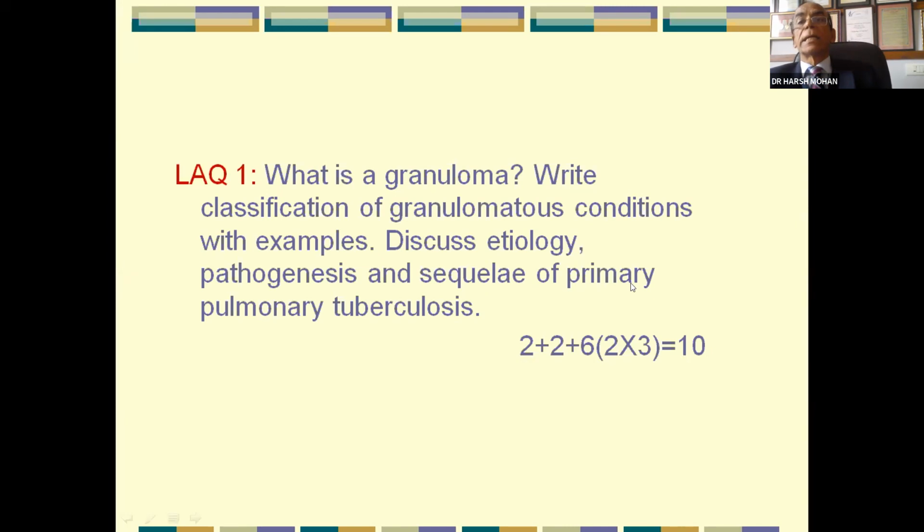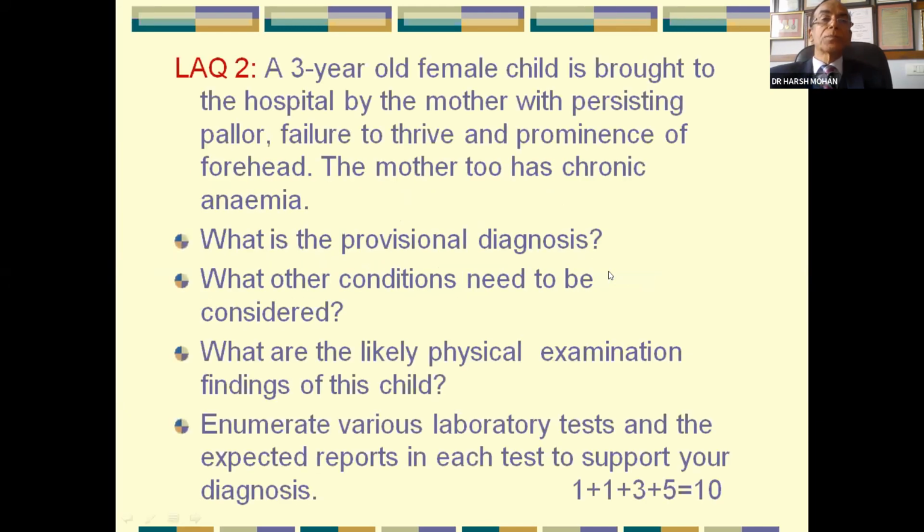We can't say write an essay on primary pulmonary tuberculosis or describe granulomatous diseases. That's a one-liner question. So that is not recommended. It should have compartments within it, break down the compartments and give relative value or distribution of the marks to each of those components in the long answer question.